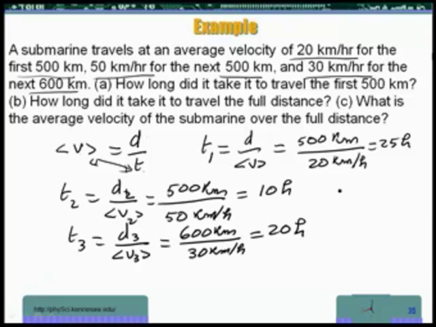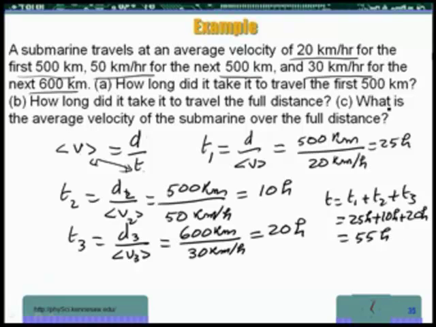So the total time is going to be T1 plus T2 plus T3. So that's going to be 25 hours plus 10 hours plus 20 hours. So that's going to be 55 hours.